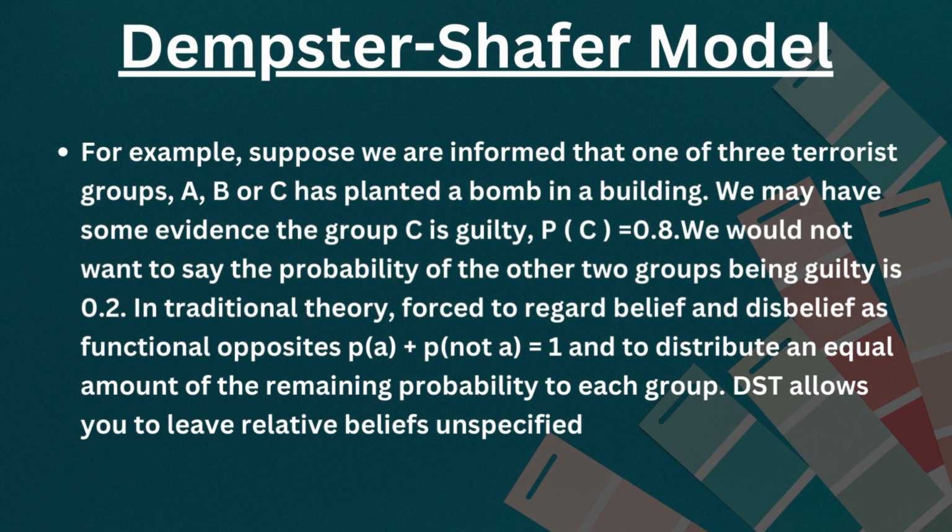So, in our terrorism investigation example, we believe with a probability of 0.8 that group C is guilty, and instead of distributing the remaining probability equally to groups A and B, Dempster-Shafer theory allows us to leave this relative belief unspecified.